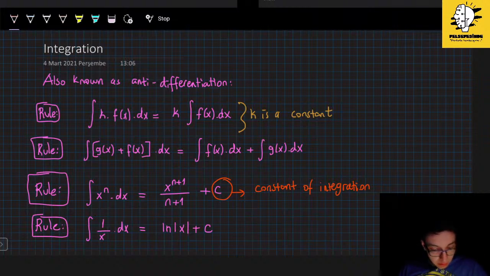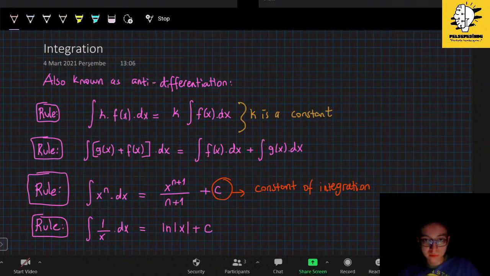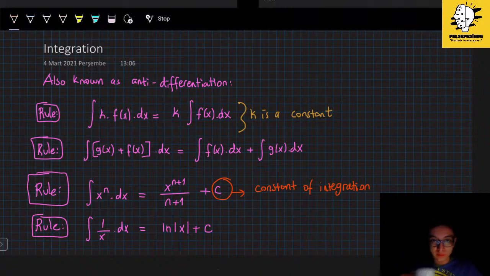Let's start. So today's concept is integration, and we'll make a brief introduction to this, and talk to you about some basic rules that you should know. Let's talk about what integration means.